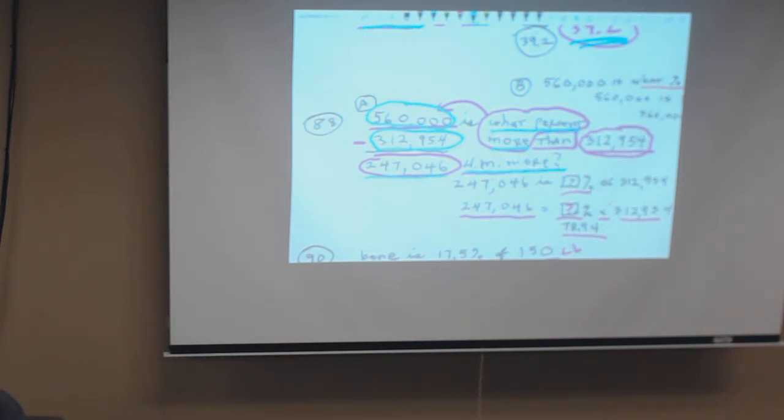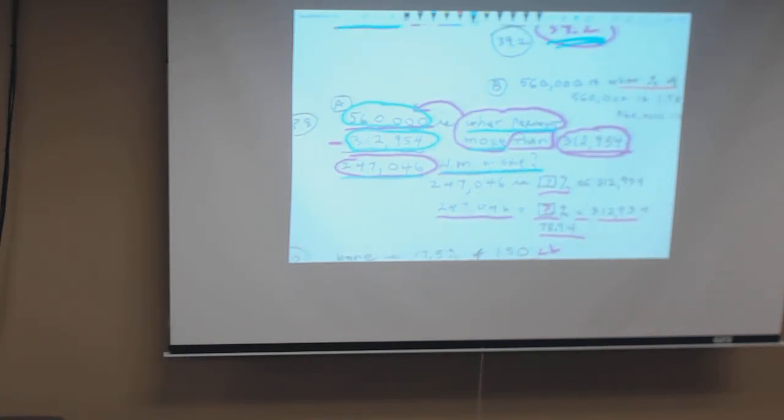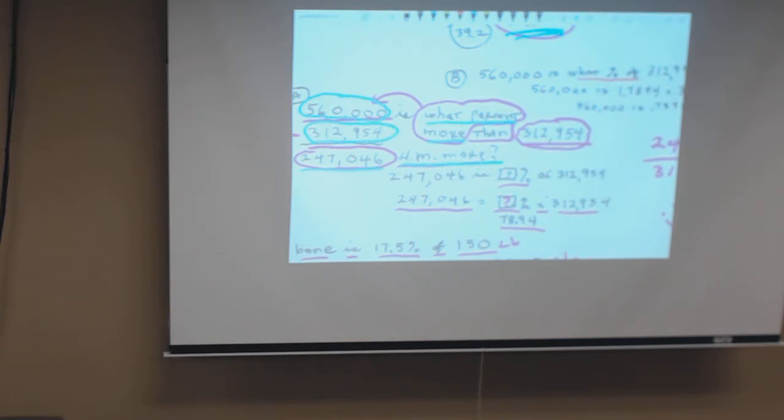So it's 247,000 more than the plain version. So I was taught to take 247,000 is what percent of the 312,000? That's the way I was taught to do these things.